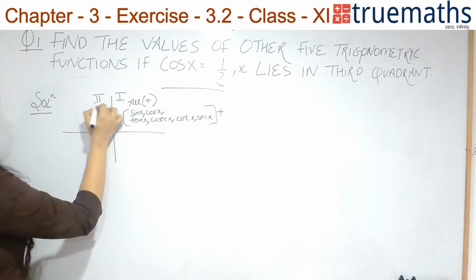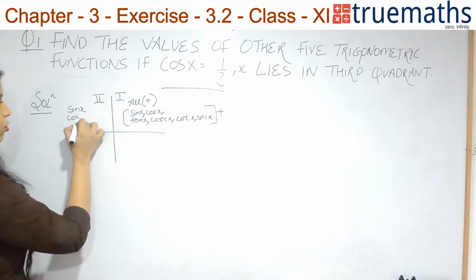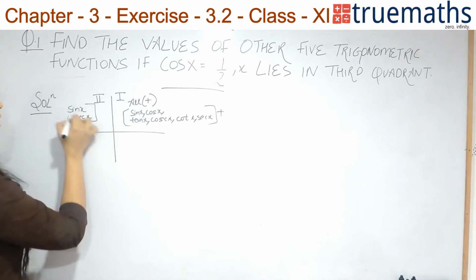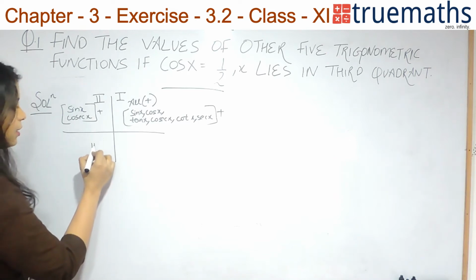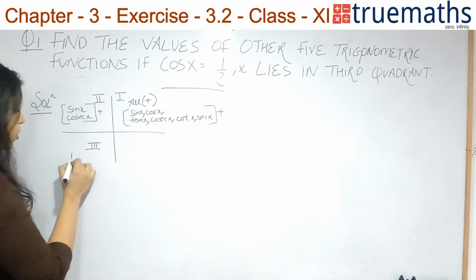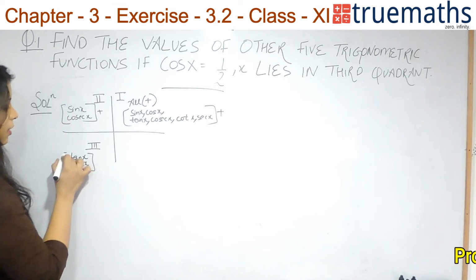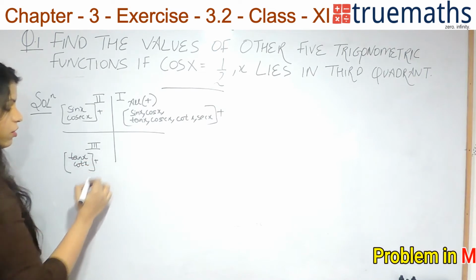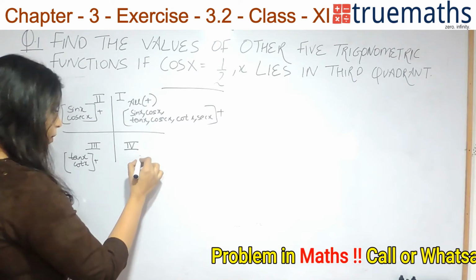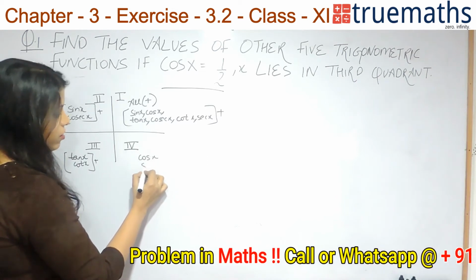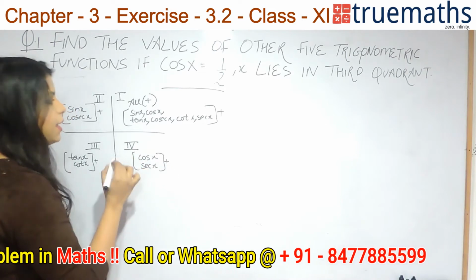In the second quadrant, only sin x and its reciprocal, that is cosec x, these two values will be positive, all others will be negative. In the third quadrant, only tan x and its reciprocal, that is tan x and cot x will be positive, and in the fourth quadrant only cos x and its reciprocal, that is sec x will be positive. All other functions will be negative.